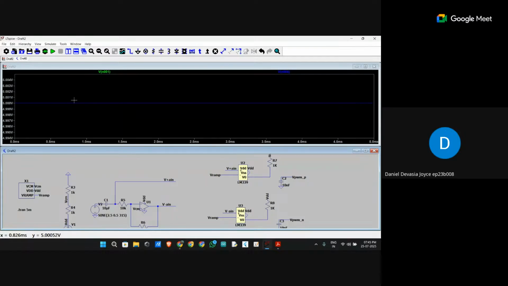Maybe try making a separate net just for that VDD, in case that is somehow causing an issue.